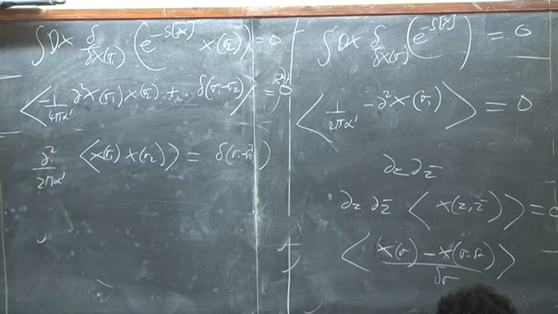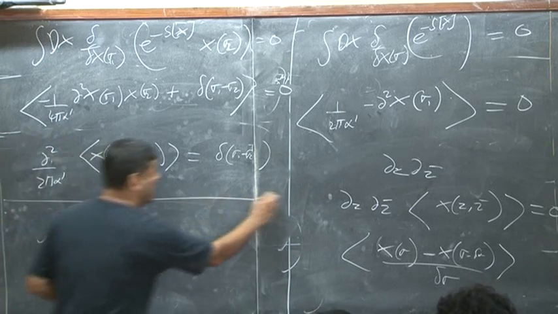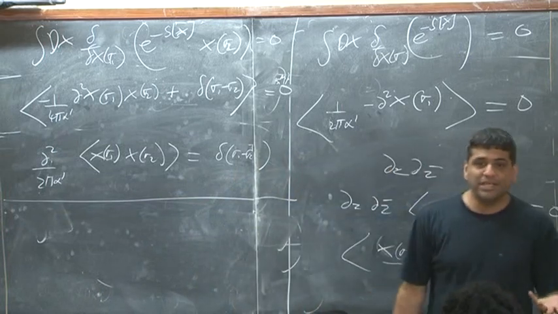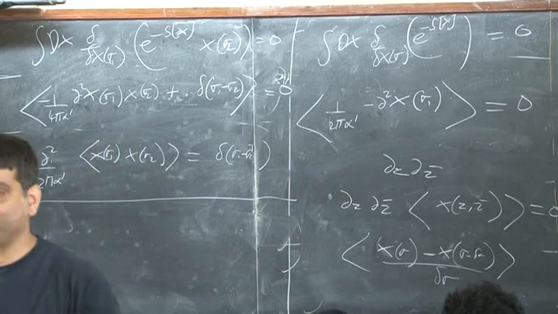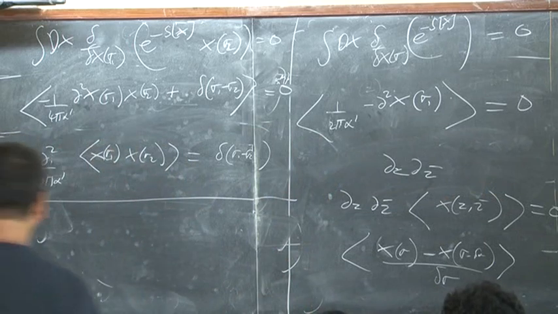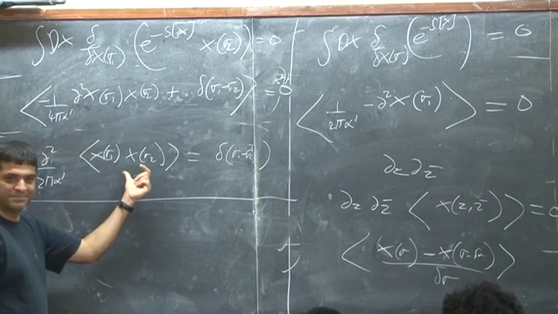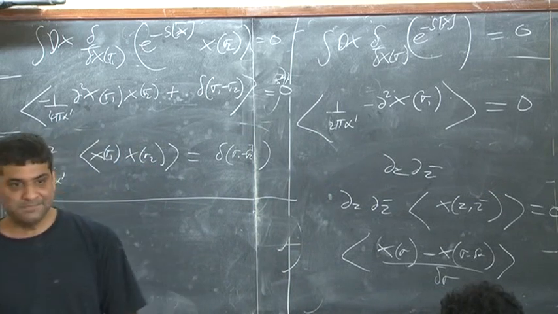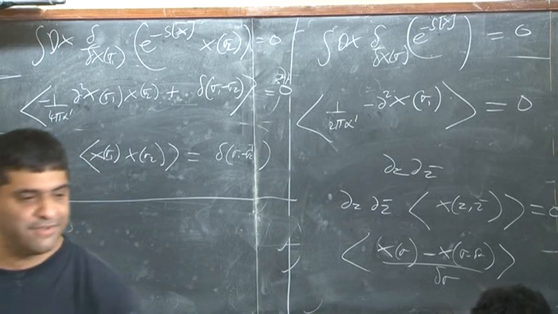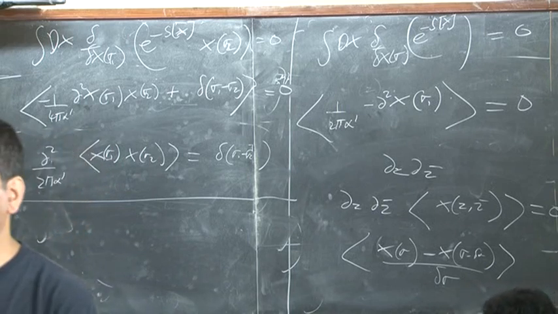Okay. Now, this equation is enough to completely solve for this Euclidean 2-point function. Because clearly from translational invariance, this thing is only a function of sigma 1 minus sigma 2. Moreover, from rotational invariance, it's only a function of mod of sigma 1 minus sigma 2.